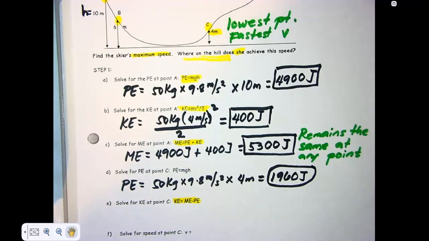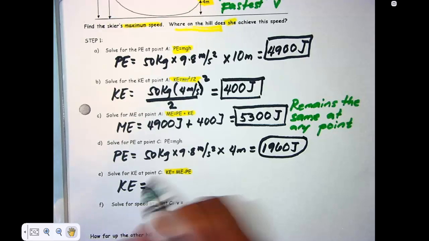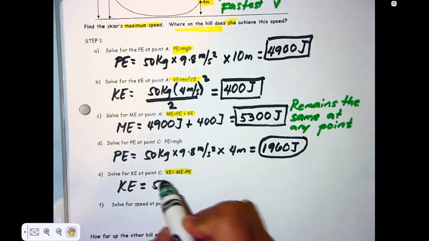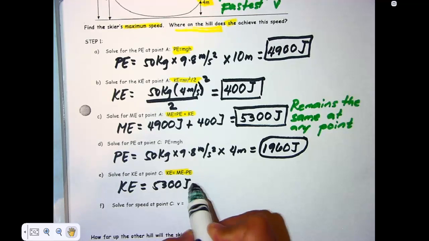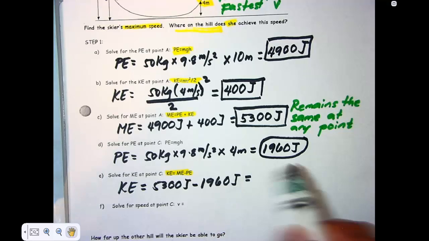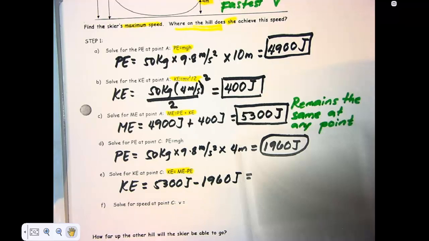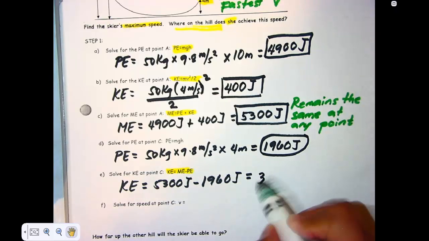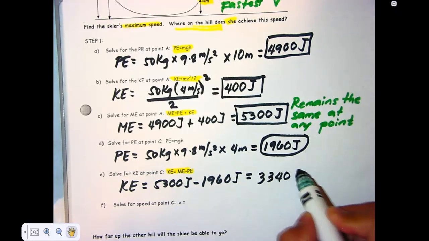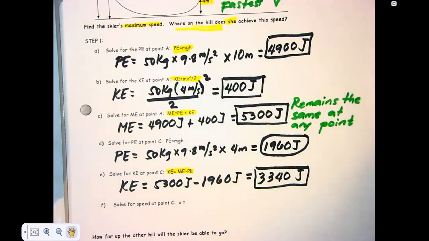So solving for KE at point C, we have the mechanical energy of 5300 minus the potential energy at that point, which is 1960. 5300 minus 1960 gives us 3340. So 3340 joules is the kinetic energy of the skier at point C.